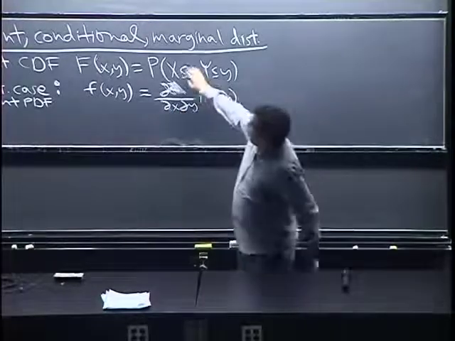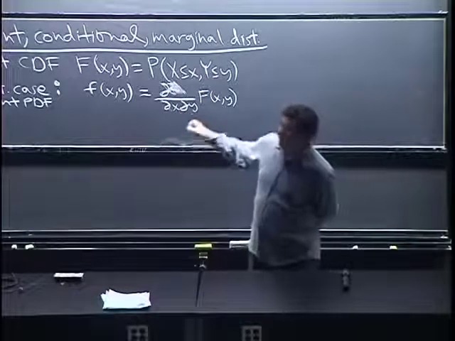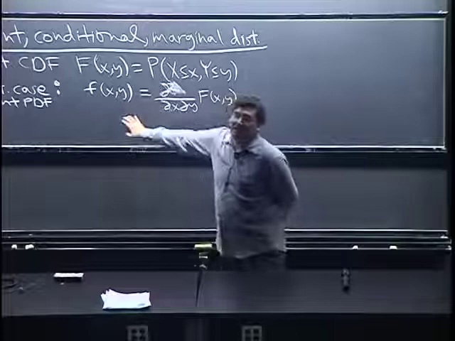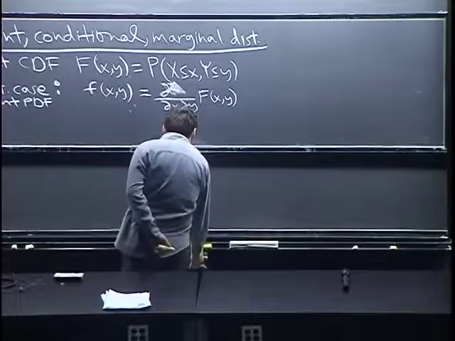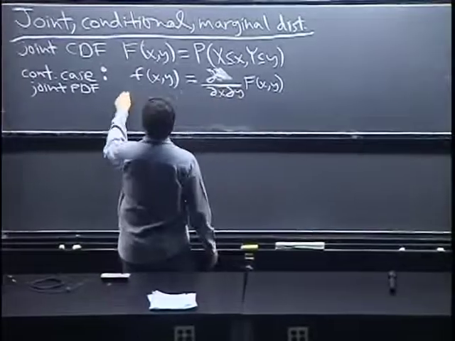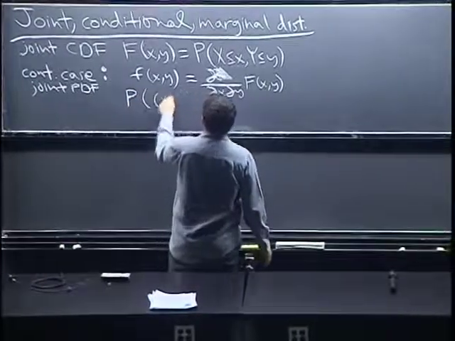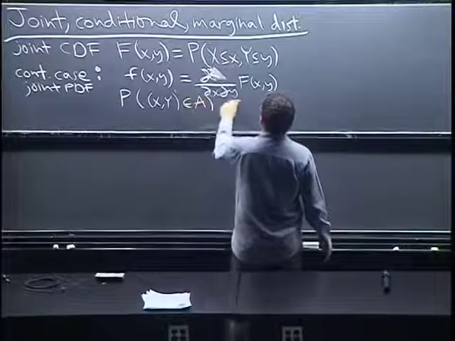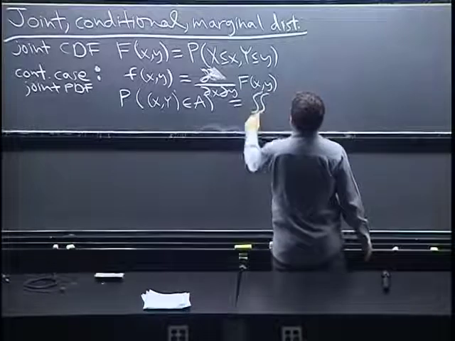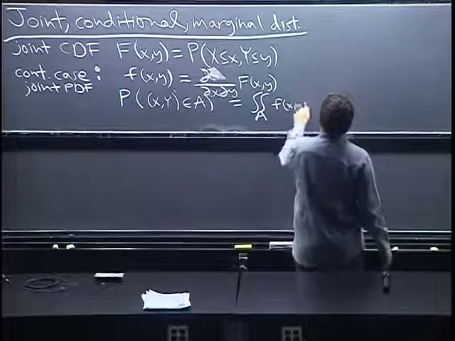So this is, again, analogous to the one-dimensional case, and the joint PDF is not a probability, that's a density. That's what we integrate to get a probability. So if we want to know, what's the probability that (X, Y) is in some set A, then that's just going to be the integral over that set A of the density.